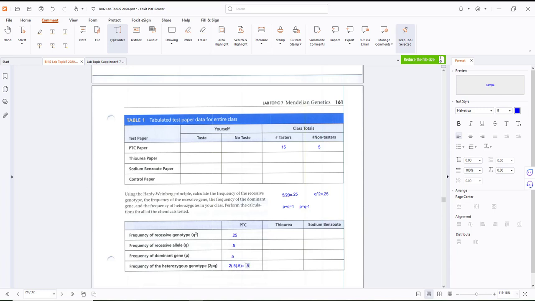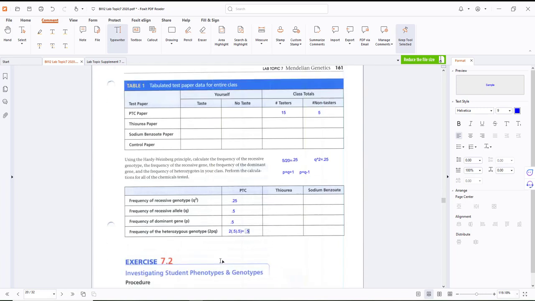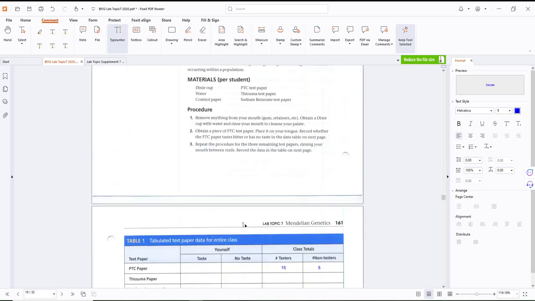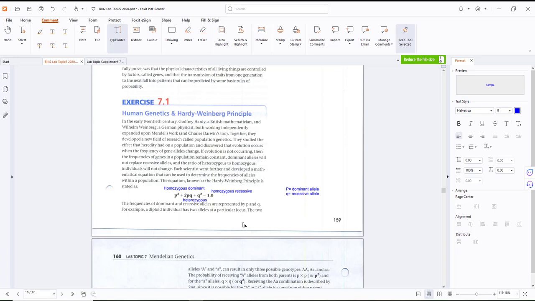Based on this, I should be able to check and make sure. Remember our equation going back up here: p squared plus 2pq plus q squared. I know q squared is 0.25, and I know 2pq is 0.5.